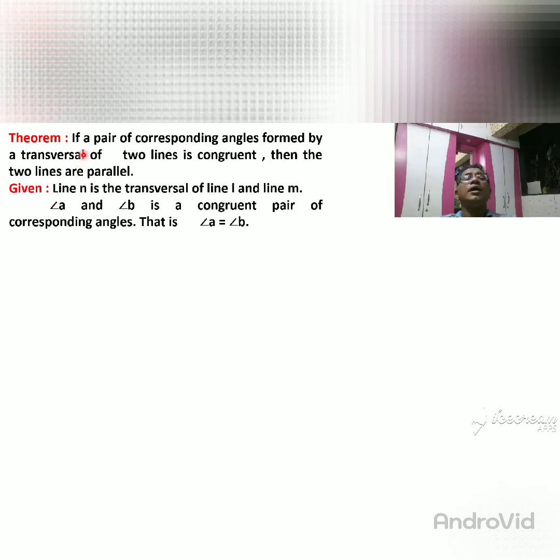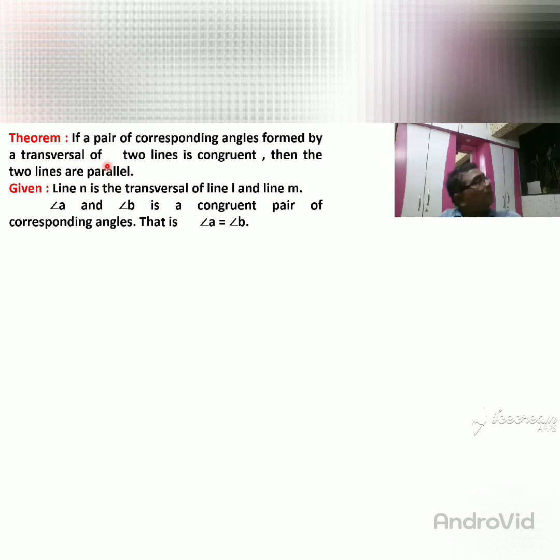If a pair of corresponding angles formed by a transversal of two lines is congruent. In the last problem it was said that alternate angles are congruent, and you can prove two lines are parallel.